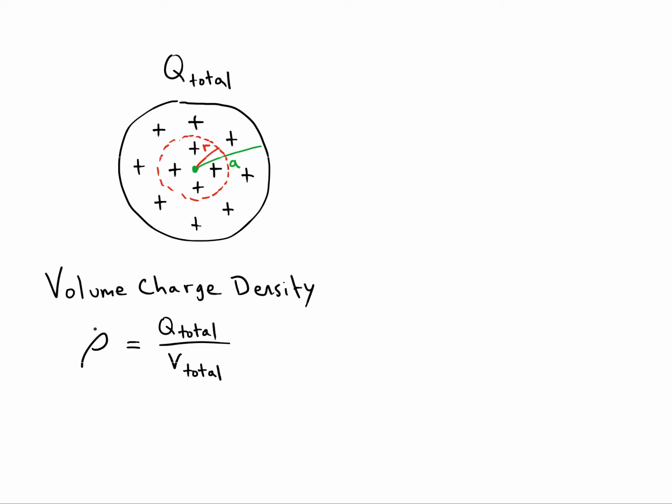Technically, this is an average volume charge density. It is possible for an object to have varying charge density inside of it. For example, if you had more charges embedded in one location and less charge in other regions. That could happen.